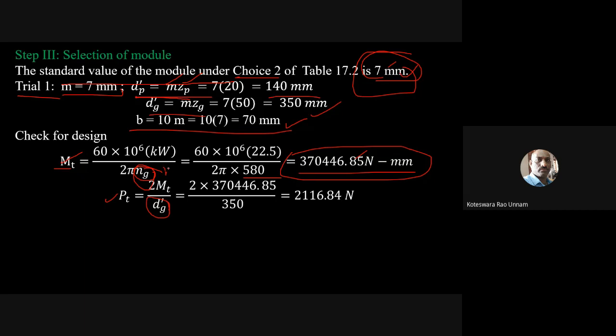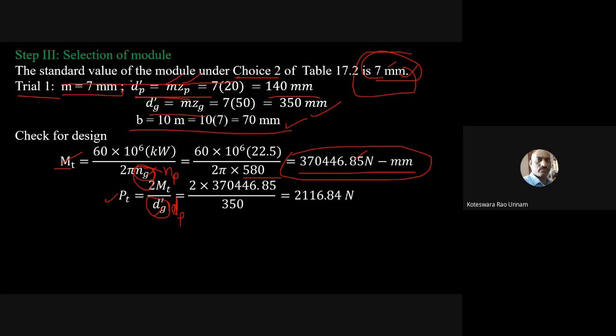If you take NP, that is the speed of the pinion, here you have to take the diameter of the pinion. That is what you need to remember. Okay, there is no issue as long as whatever you take here, you take the same thing. Whether you are considering pinion or gear, it doesn't matter, just while calculating the torque and this PT.